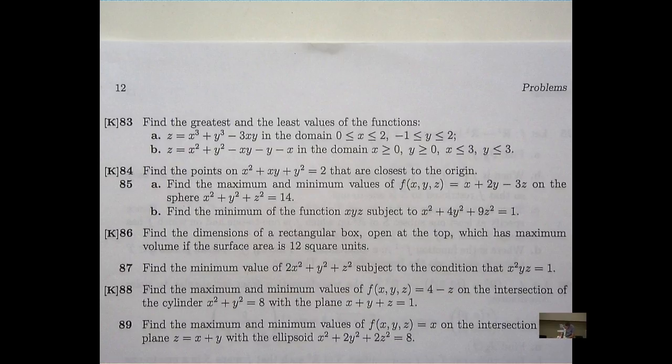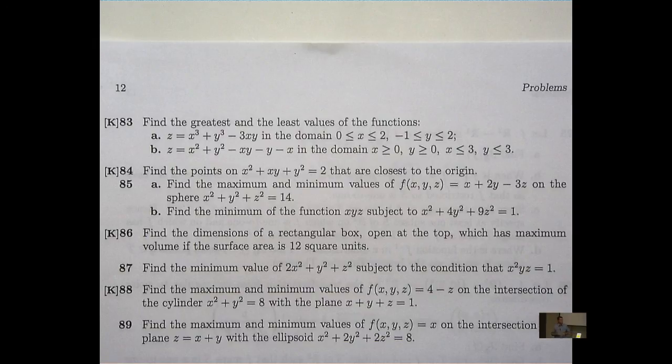This is just a polynomial in x and y. It's continuous, and this region is just a closed rectangle, including its 4 sides and everything inside. A continuous function on a closed rectangle must have a maximum and a minimum value, so the things we're going to calculate are well defined.